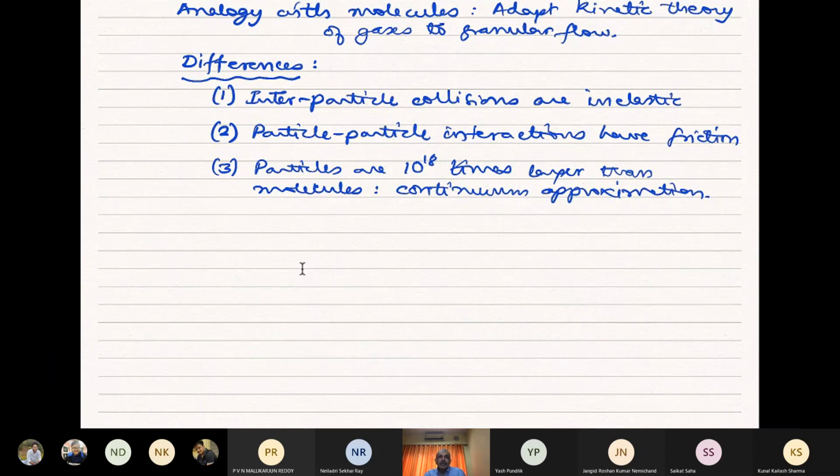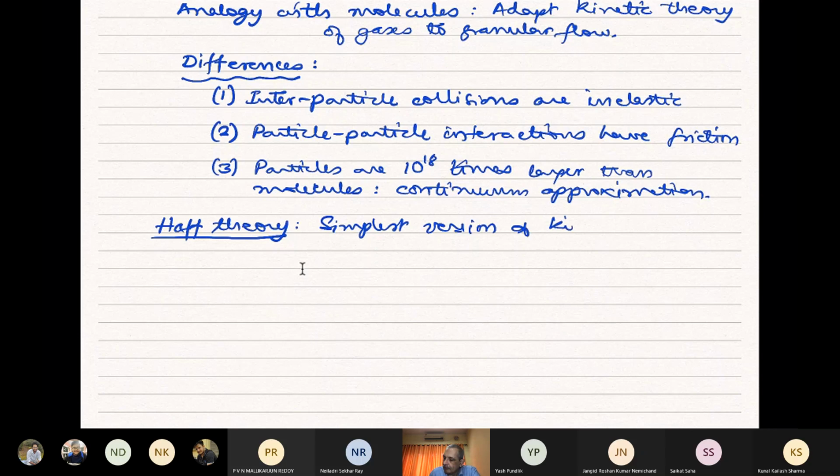Now, in this class, I'm going to tell you about the simplest version of this kinetic theory. And this was developed in 1984.